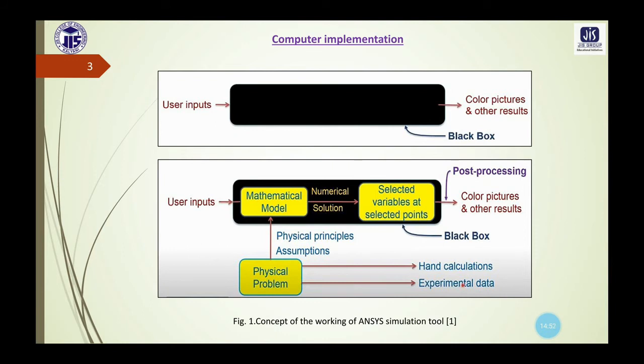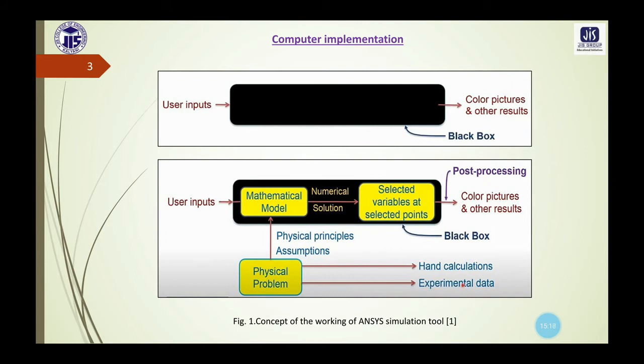And there are some physical principles or assumptions like equilibrium and conservation, and these assumptions are actually embedded within the mathematical model. Now based on these user inputs and the physical principles or assumptions, the simulation tool will solve the mathematical model.